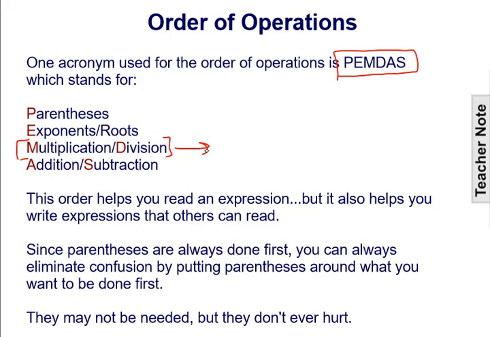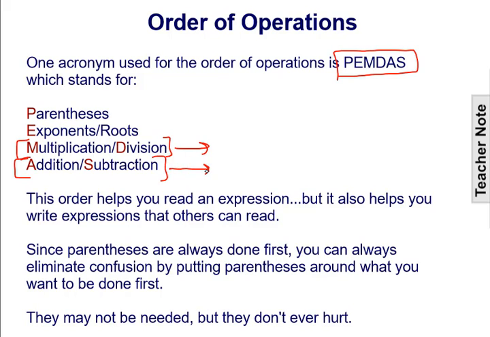Even though the M comes before the D in the acronym PEMDAS, you might be doing the division first, depending on if it's more to the left of an expression. Same thing with addition and subtraction. It is read from left to right. Even though the A comes before S in the acronym, you might be doing subtraction first if it is more to the left than addition. It's not a perfect acronym, but it's something used to help us.